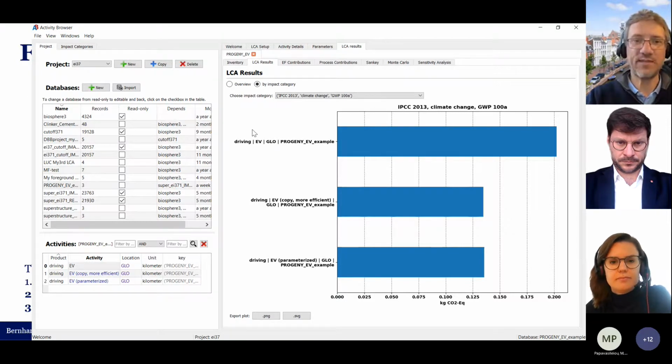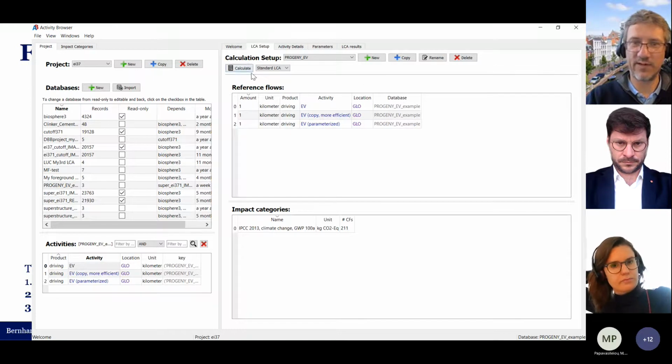And now I'd like to show you that you can also just work with either parameter scenarios or flow scenarios.